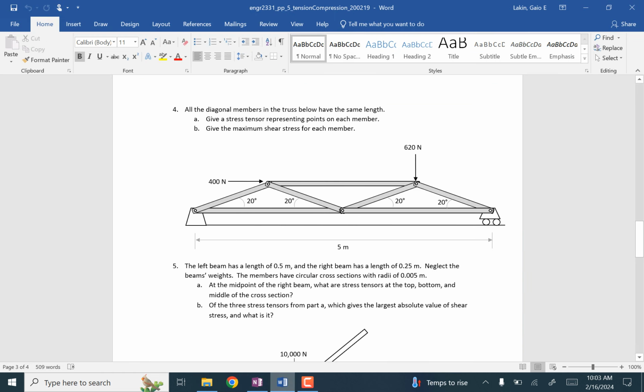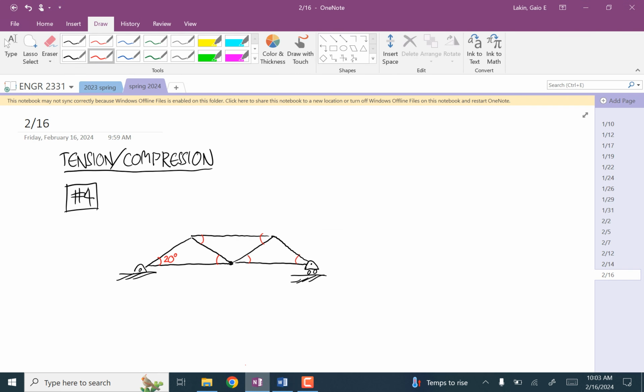And we have a 400 Newton force and a 620.